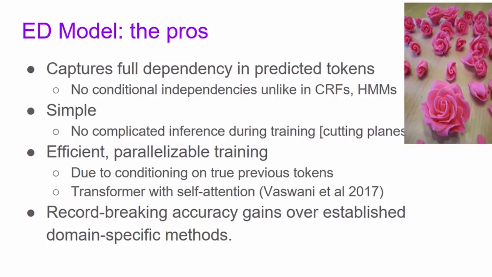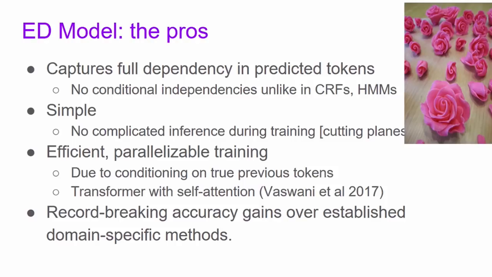No matter how much data you gave it, it could not continuously improve. Whereas these models, because they do not make any assumptions of conditional independencies, typically the more data you give them, the better. They keep on improving in terms of their accuracy because the model has high capacity. And the training is simple.